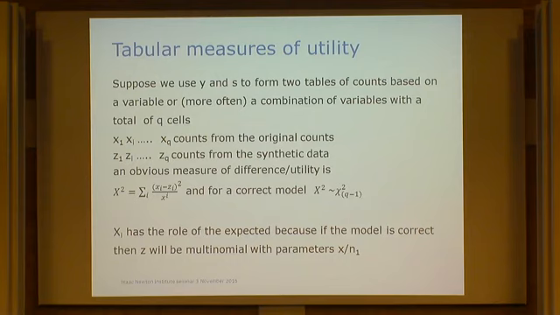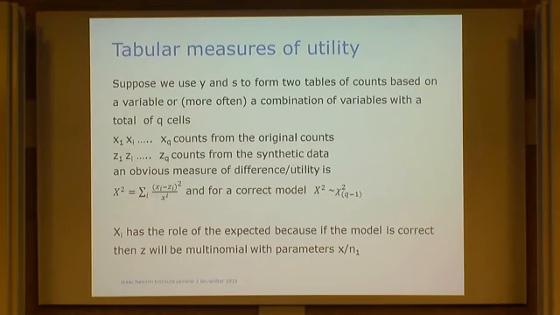Supposing we've got categorical data, or if we've got continuous data, we can categorize it into groups, which is what one often does at the start of an analysis. And so if we form tables, we have counts x1 to xq, where the table, which could be a table of many things by each other, has q cells altogether.